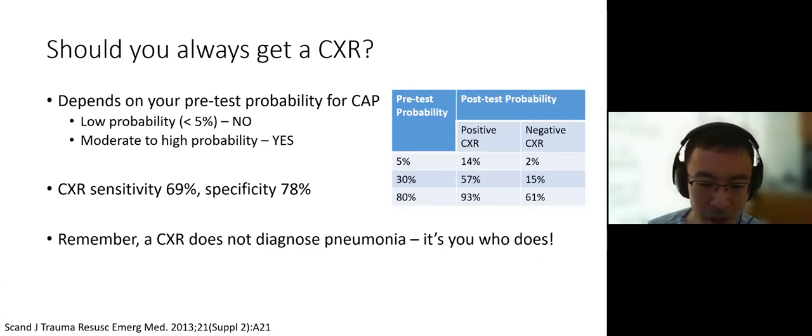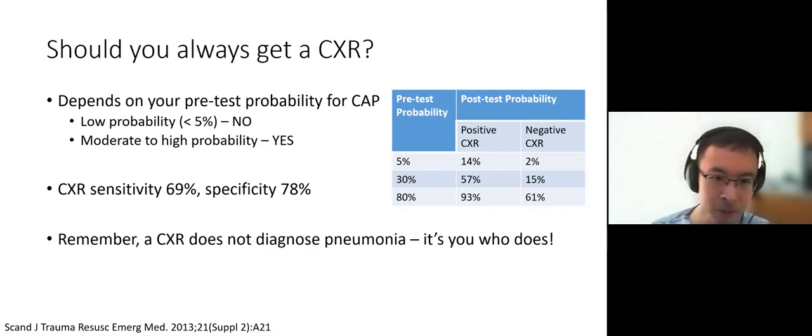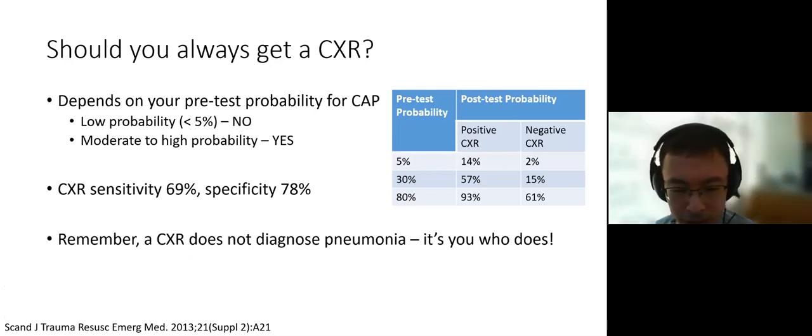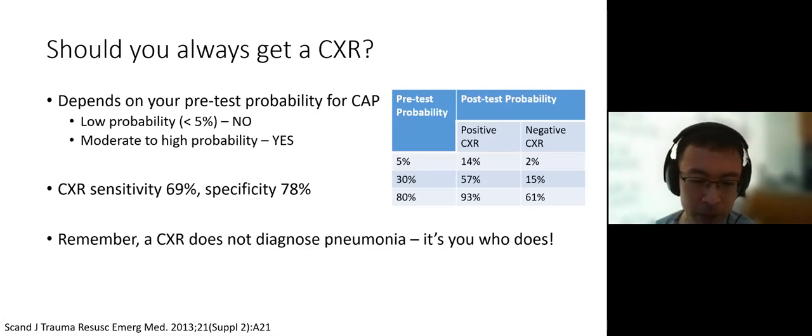So then when should you even order a chest x-ray? So this goes back to the pretest probability. If this patient comes to your office with a cough, then the chance of pneumonia is 5%. So let's say you order a chest x-ray, and we'll use a sensitivity of 69% and specificity of 78%. So look at the table on the far right. The pretest probability is 5%.